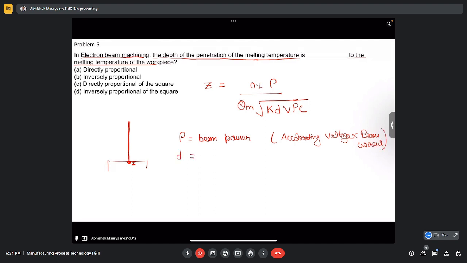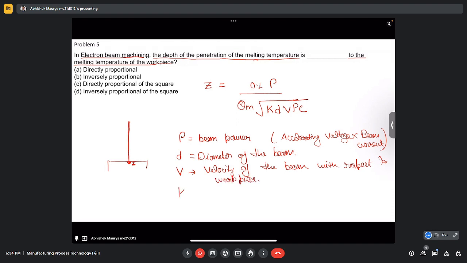And d is the diameter of the beam. V is the velocity of the beam with respect to workpiece. K is the thermal conductivity of the workpiece.